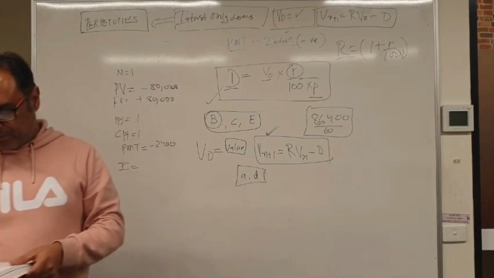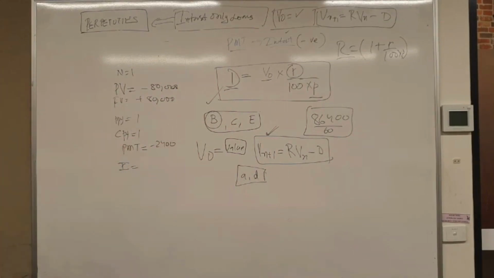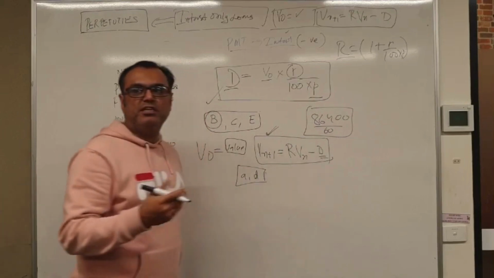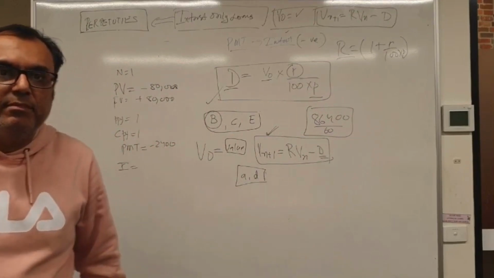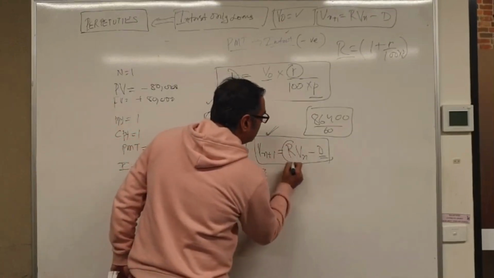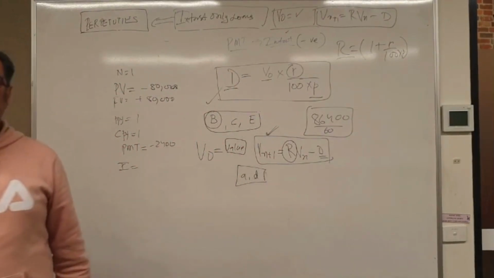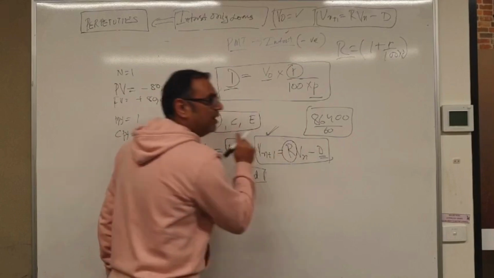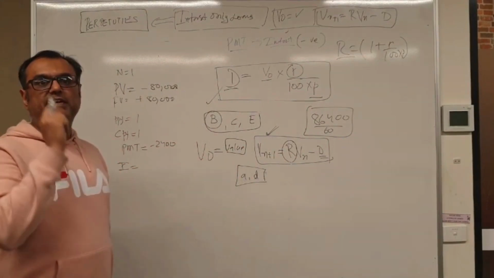I would also ignore the D values, 500, 600, since they're not given. So what is remaining is R. This R will give me the right answer.